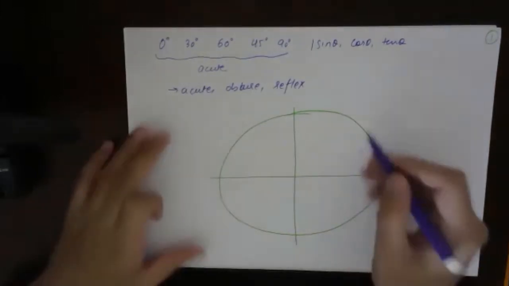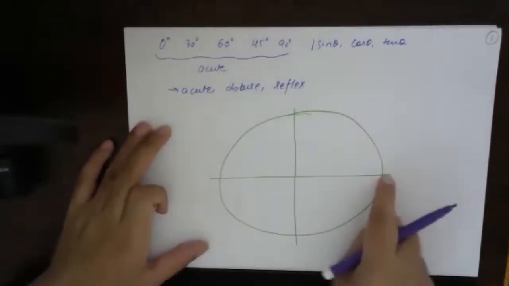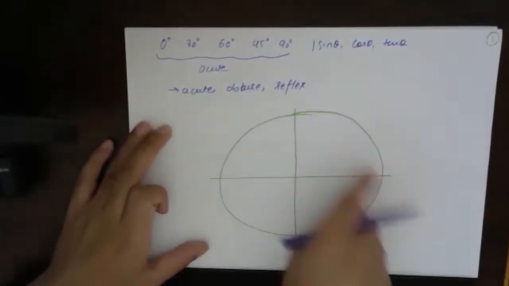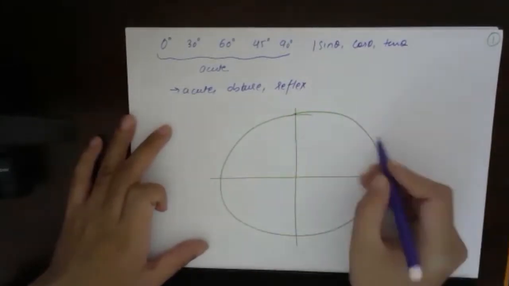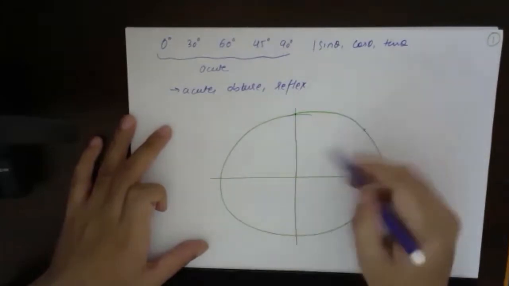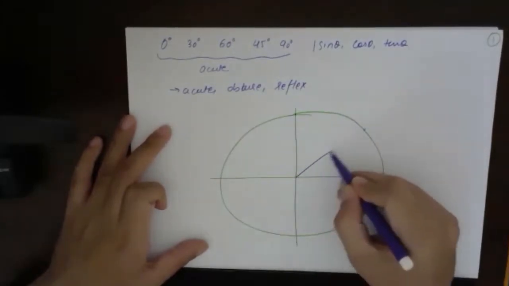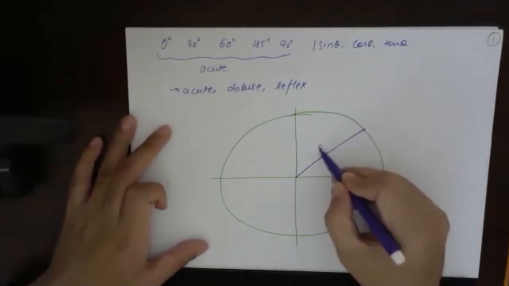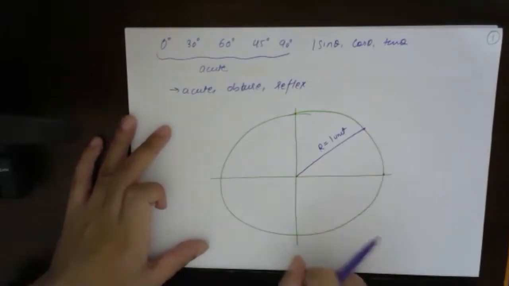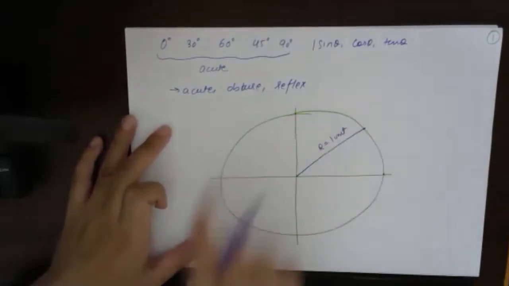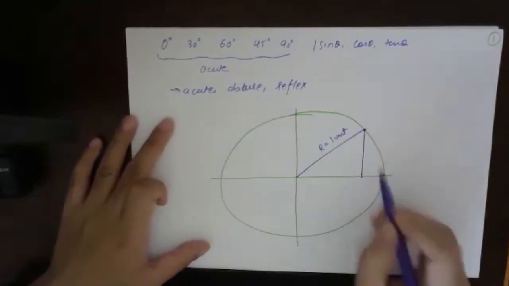Suppose we have any angle between 0 to 90. If I take any point in between, this is a unit circle, so this length r will be 1 unit, because the radius of the circle is 1 unit.